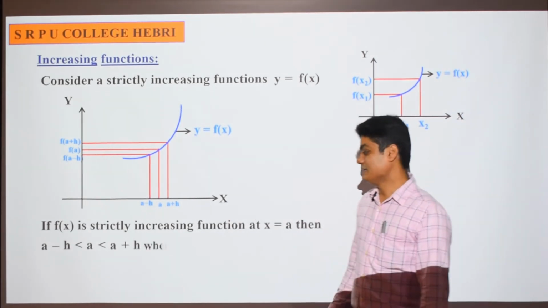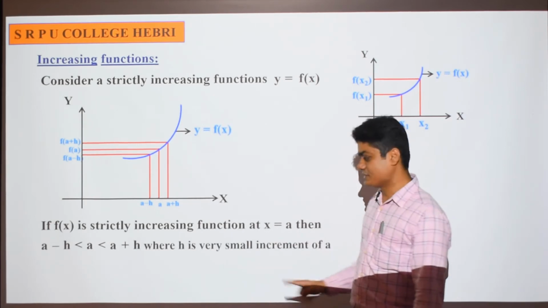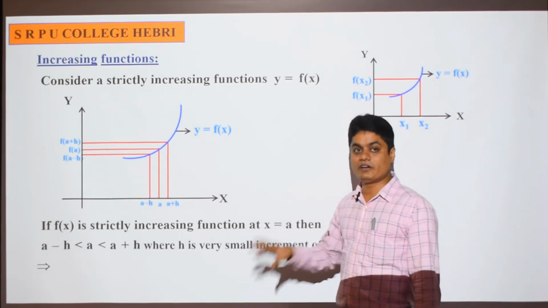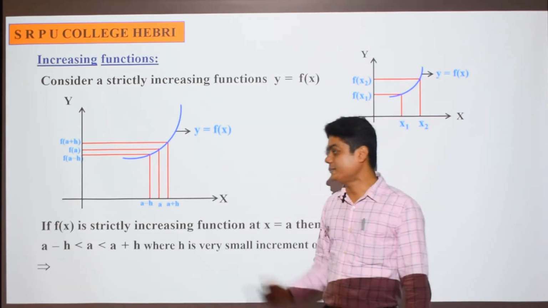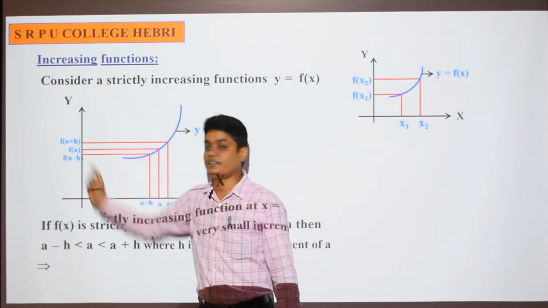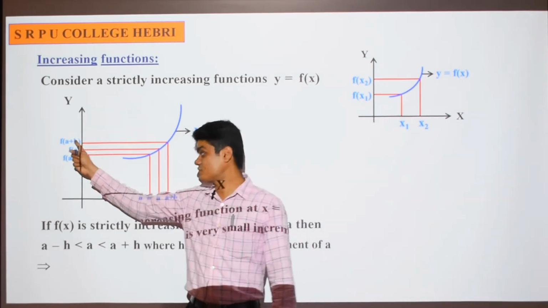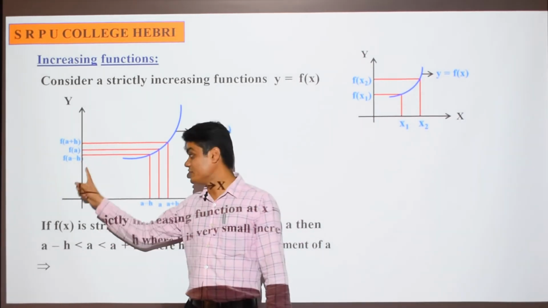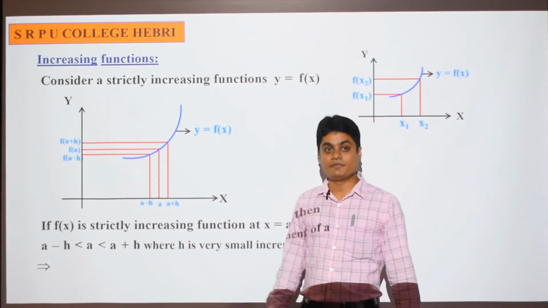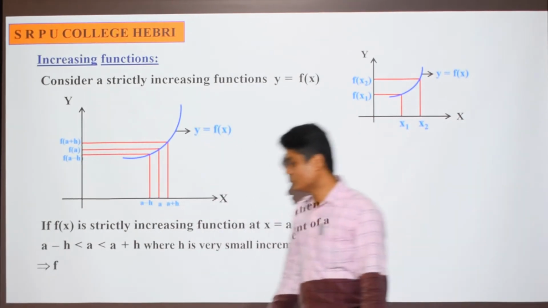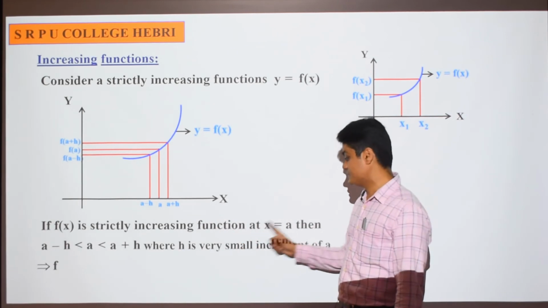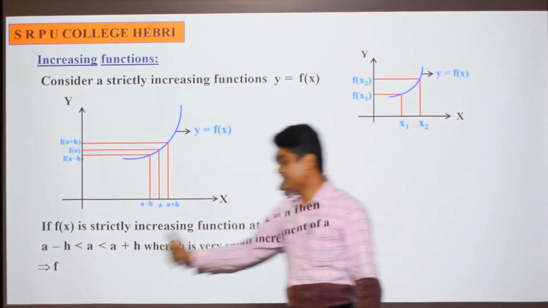Tell me, where h is a very small increment. ಯಾವುದು ಮೇಲಿದೆ y axis ಅಲ್ಲಿ, f of a plus h. ಯಾವುದು ಇಲ್ಲಿ ಕೆಳಗಿದೆ, f of a minus h. The largest value is f of a plus h, least value is f of a minus h, and in between you will get one number f of a.